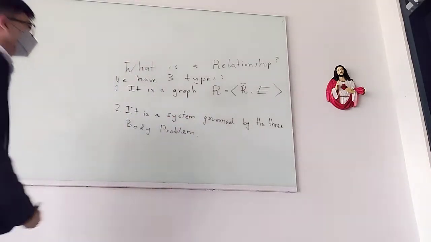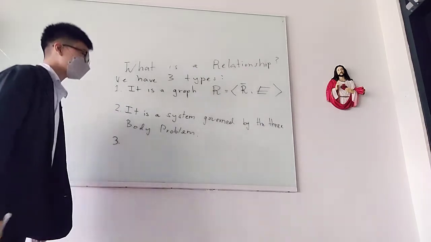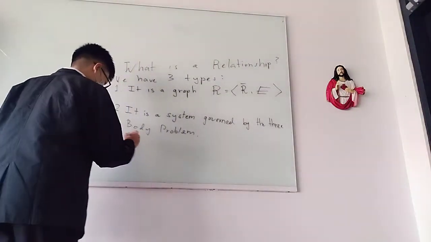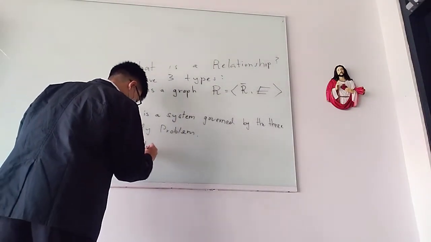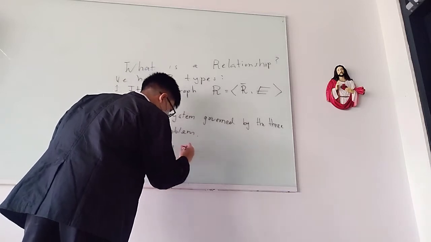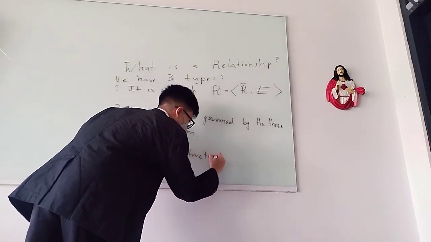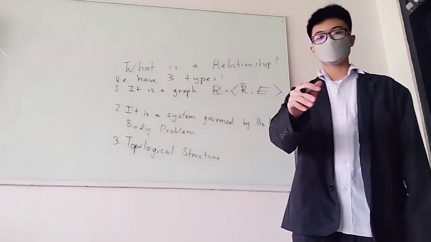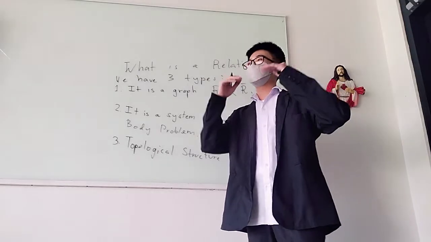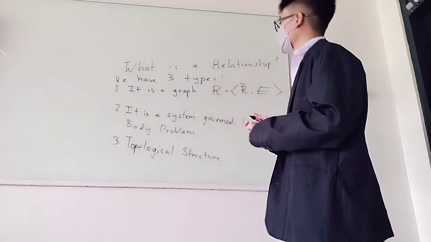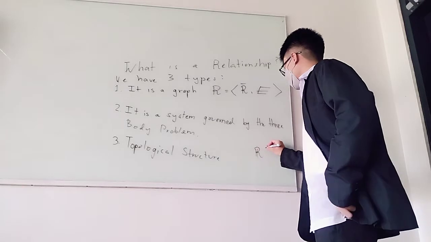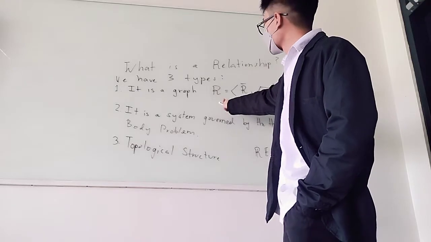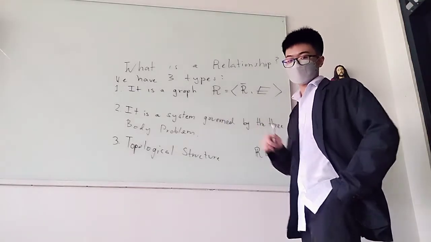And the last one is that it is a topological relationship, or a topological structure. And this is where we apply our lecture with regards to topological relationships back in femboy theory. Especially we're going to talk about REL, of course. And in fact, this is how I'm going to prove that maybe there are graphs that may be manifolds. Okay?